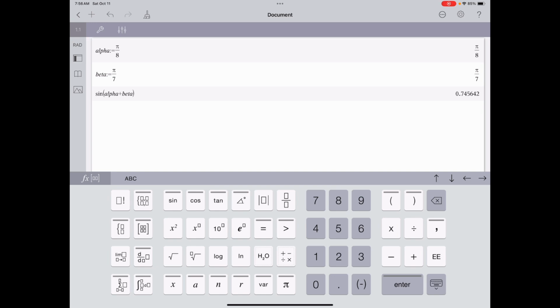Now we're going to ask what is sine of alpha times cosine of beta plus cosine of alpha times sine of beta. And again, we're going to ask for that in numerical format. And we see that we get the same answer.